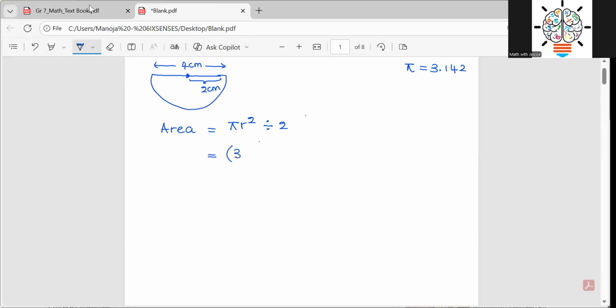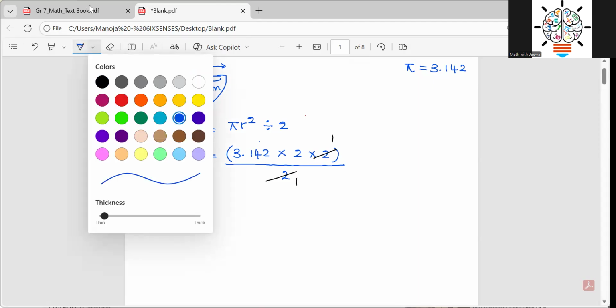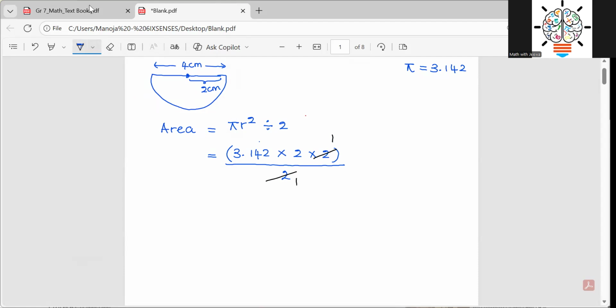So how do you expand this, children? I have 3.142, and r is 2 and r is 2, and you divide the whole thing by 2, right? Then you can easily get this. How? The 2 and 2 you can cancel, so then you can just multiply 3.142 by 2.